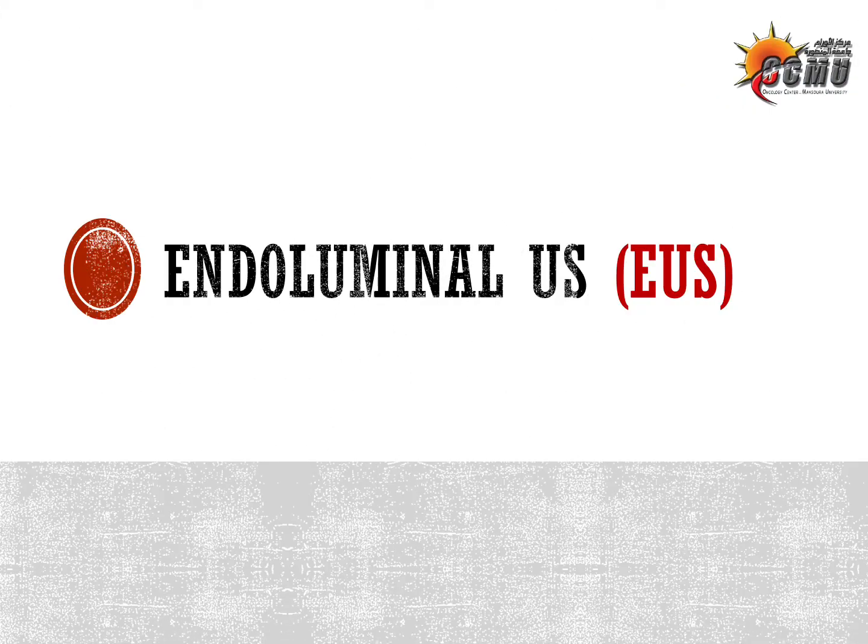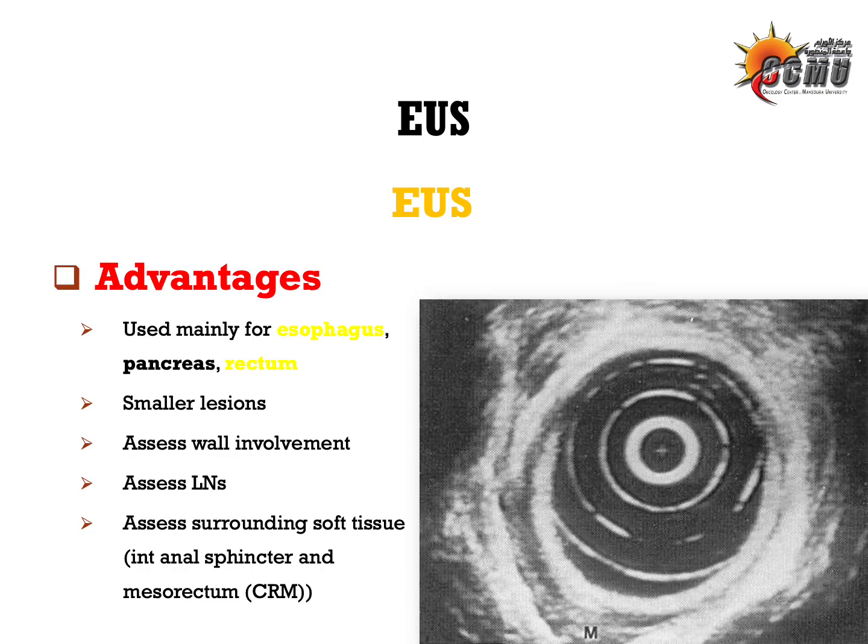And also to better demonstrate the rectum and rectal lesions, you may encounter the term EUS, or endoluminal ultrasound. It's actually not just for the rectum, it's also for assessment of esophageal lesions and pancreatic lesions with the ERCP. So it detects small lesions smaller than 1 centimeter.